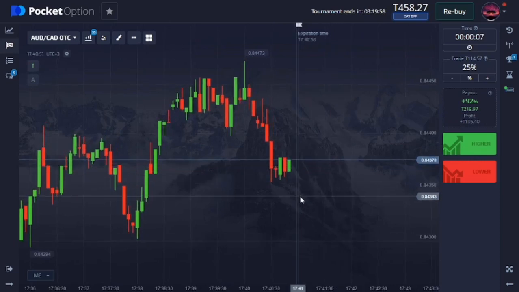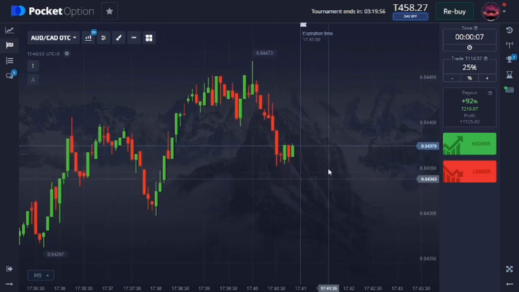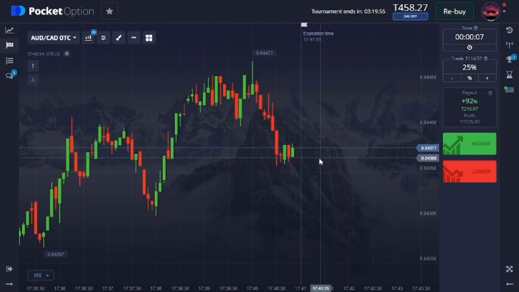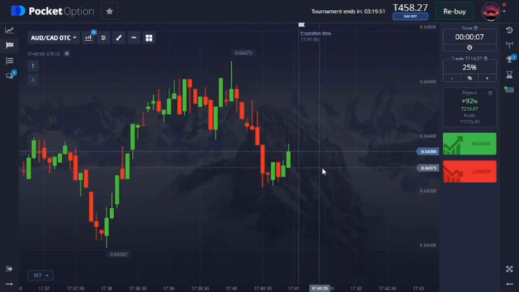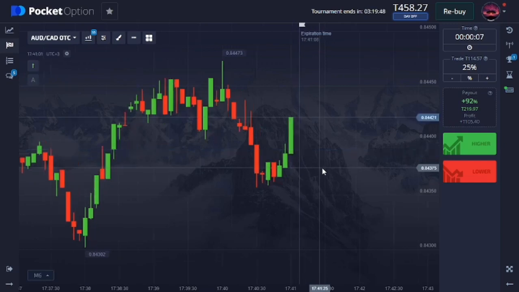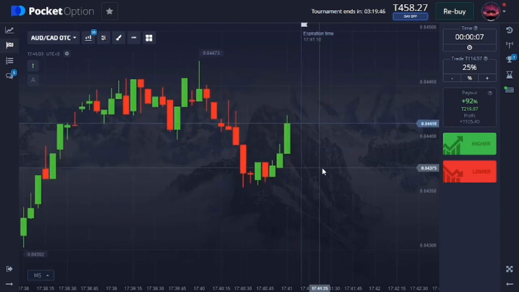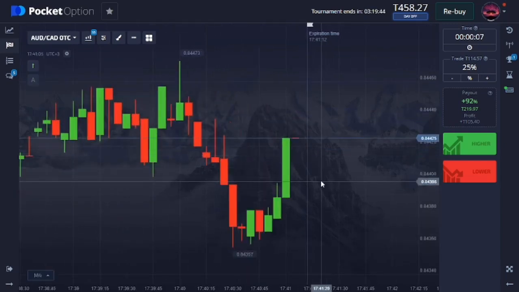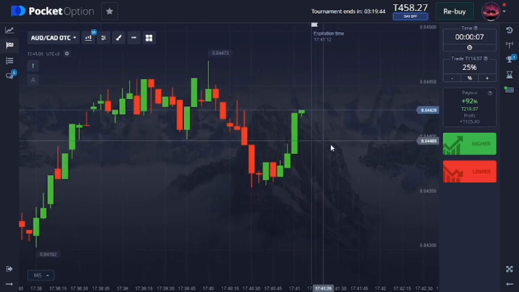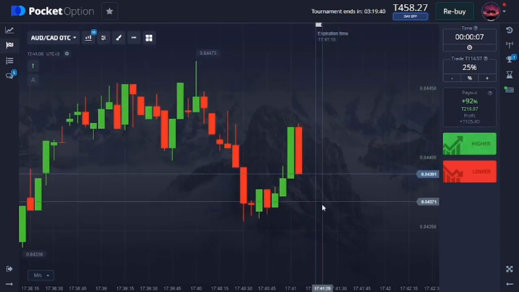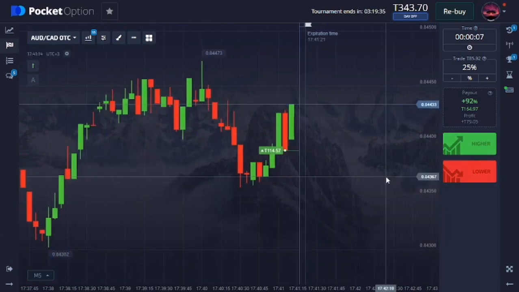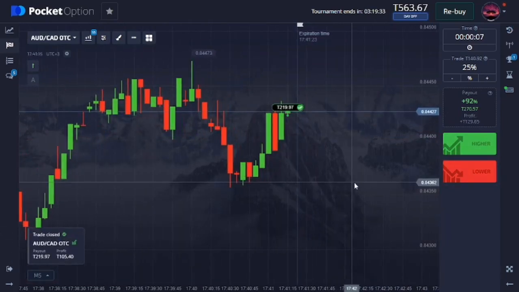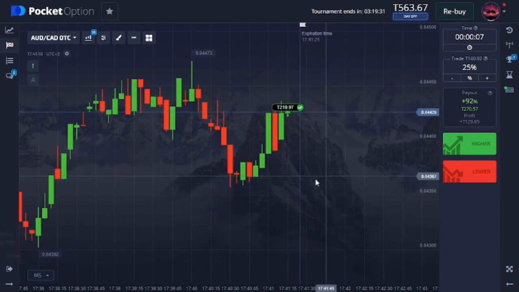If it melts down, then we will enter a sell. That's what we're going to do. So it is to the upside. Okay, perfect. All I want is a retracement back. Perfect, that's what I want to see. That's a perfect entry. Amazing. Great.